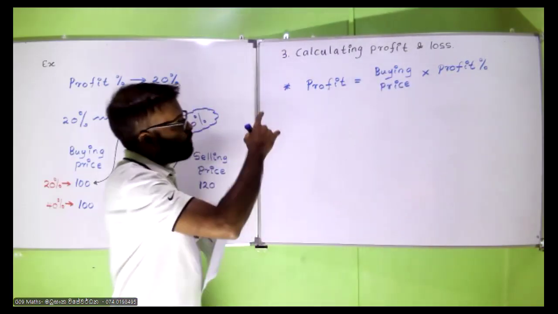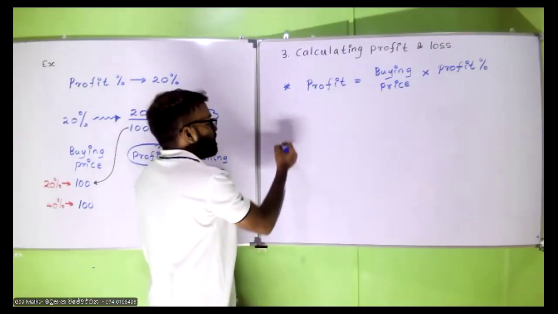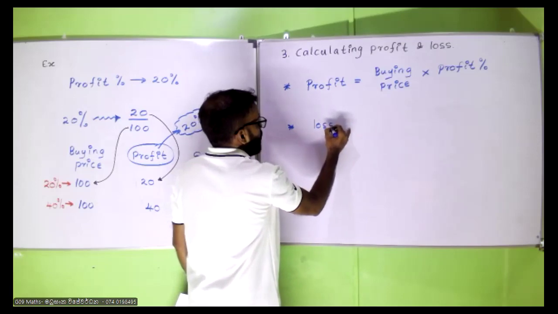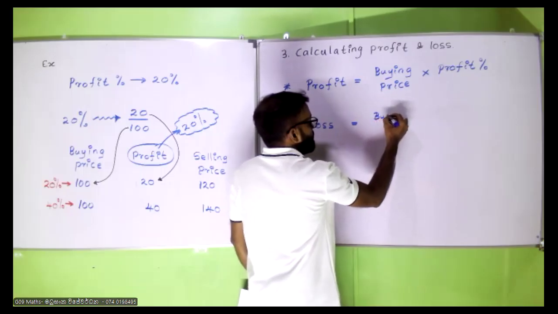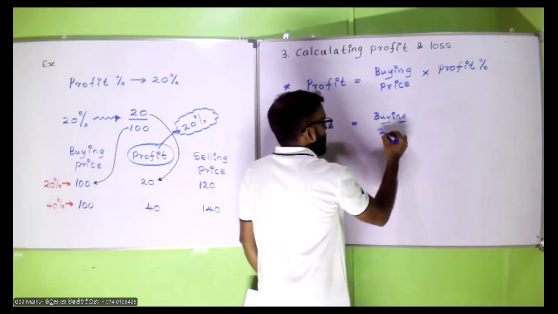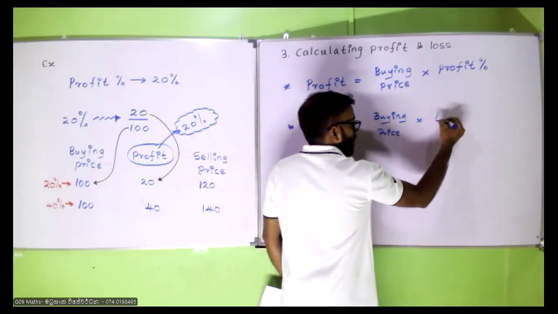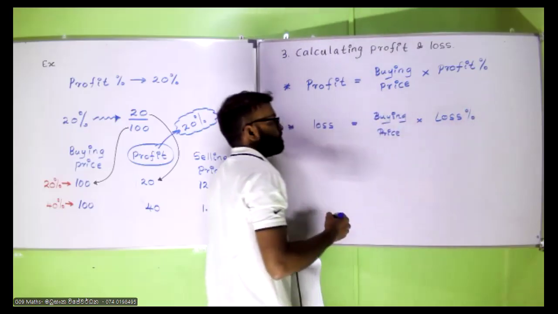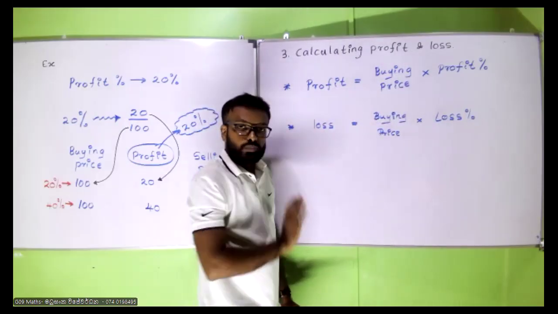Then, in the same way, you are going to find the loss: buying price multiplied by loss percentage. Earlier we found how to find the profit percentage and loss percentage.